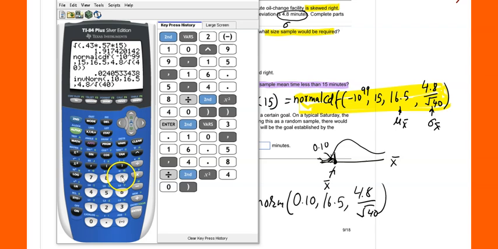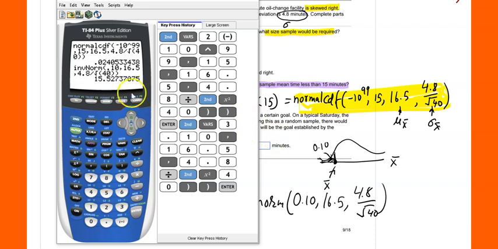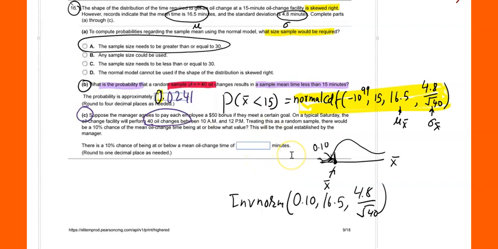Okay, close it, and the answer is going to be 15.527. That means if you round it to one decimal, as the instruction says, 15.5. Answer is 15.5 minutes. Okay, that's the answer.